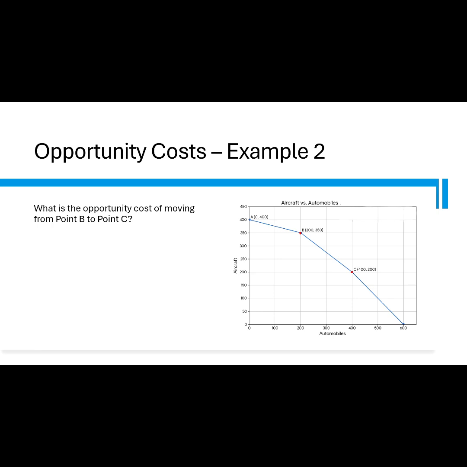Or at point C, we could produce 400 automobiles and 200 aircraft. So our opportunity cost for moving from point B to point C would be 350 minus 200. So the opportunity cost of moving from point B to point C is 150 aircraft.